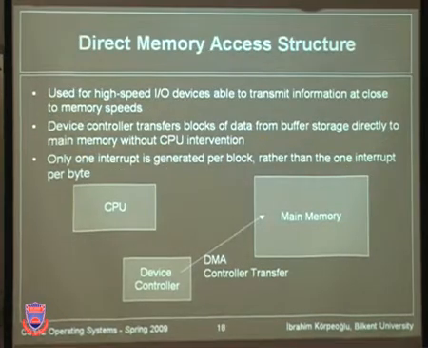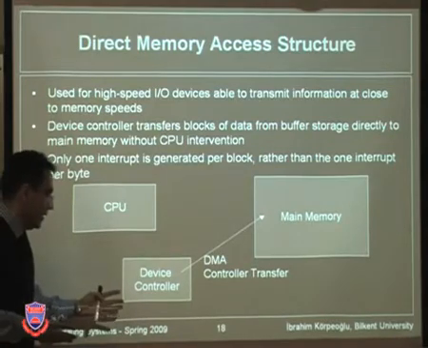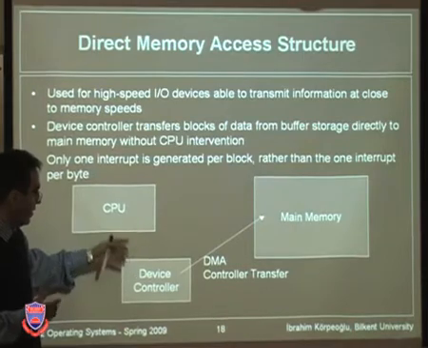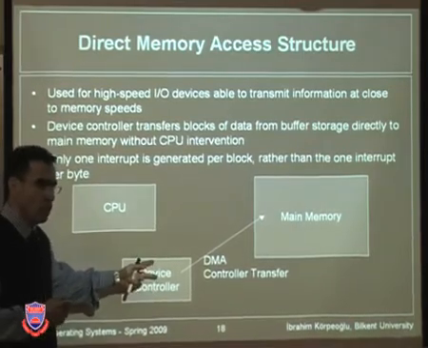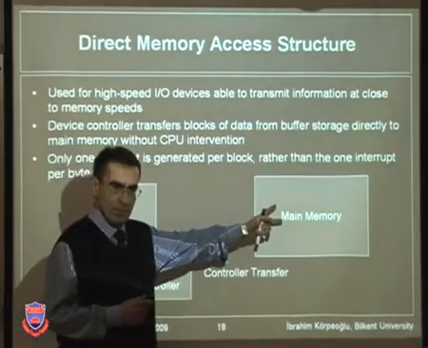So in order to speed up the movement of data from the device controller to the main memory, we know that we have a hardware support called direct memory access, okay? That enables the CPU not to take part in the movement of the available data in the device controller to the main memory.